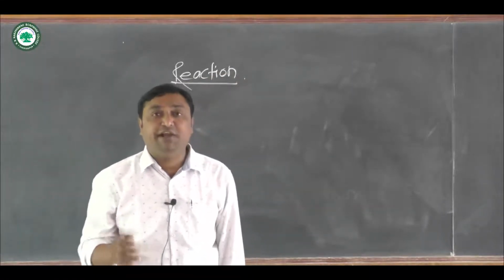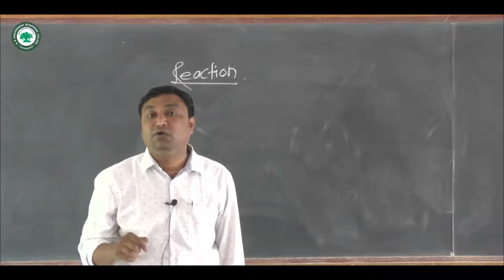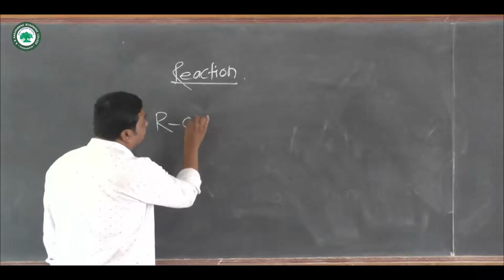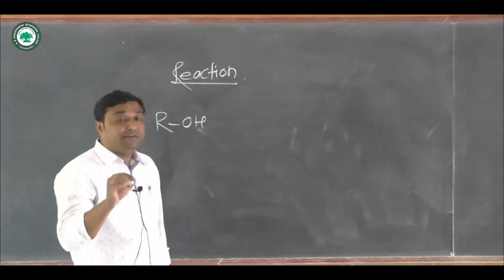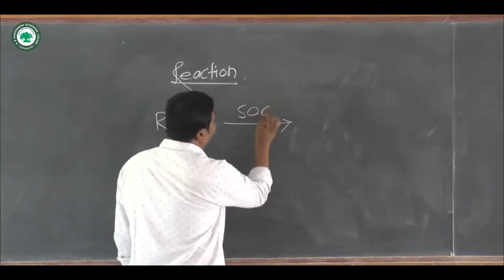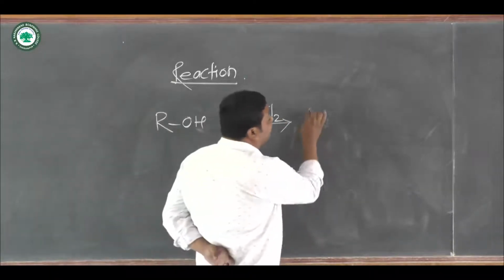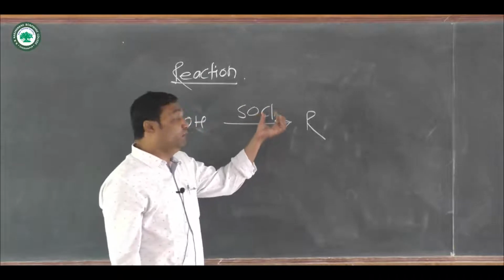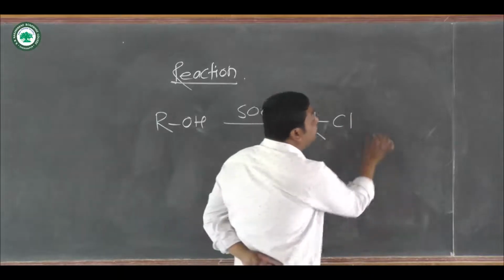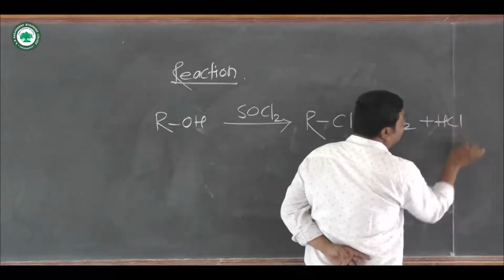In this reaction we convert alcohol into alkyl halide. When this alcohol, that is ROH, is treated with thionyl chloride, that is SOCl2, we obtain alkyl halide, that is, alkyl chloride, with the liberation of SO2 and HCl.